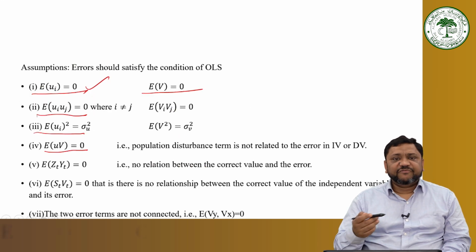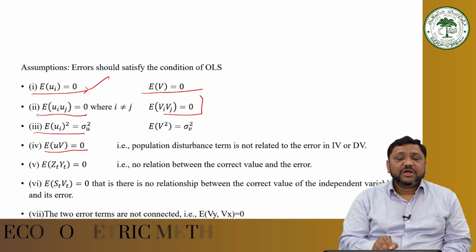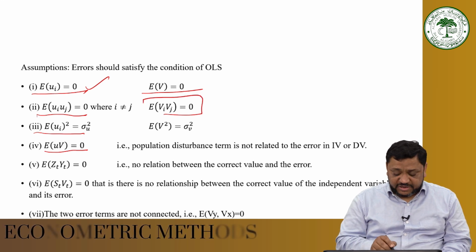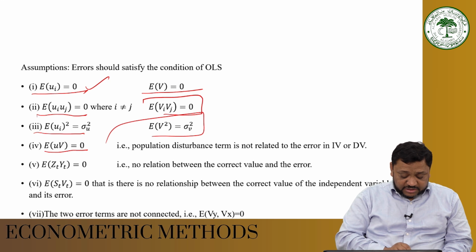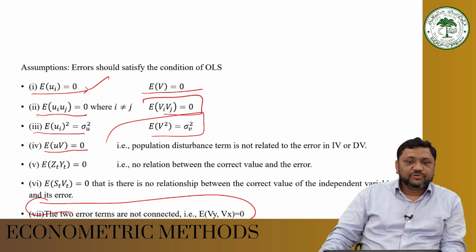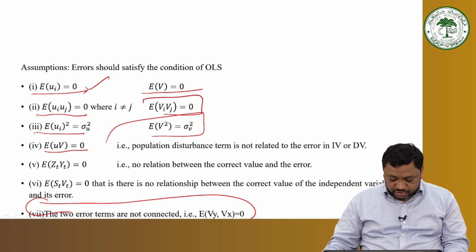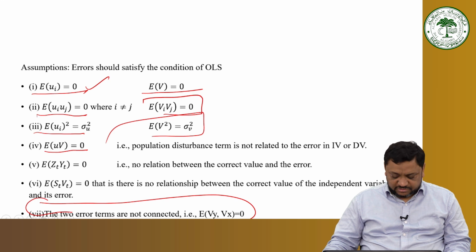The relationship of v at one period is not related to v at the other period, and this v is also constant, that is sigma square, and the two error terms are not connected. So these are the assumptions which we have over here.